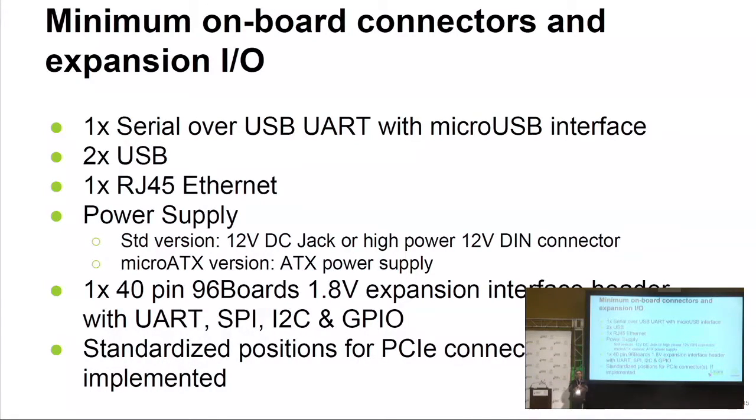It's one of the major differences compared to the consumer edition. The specification also goes into the details of which power supply to be used. And it's very important that the board shall support also the standard 96-boards low-speed expansion connector. And we will see more of this in a minute.